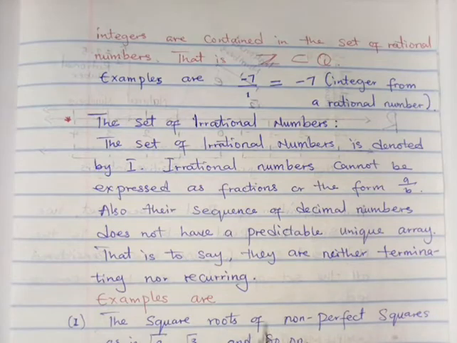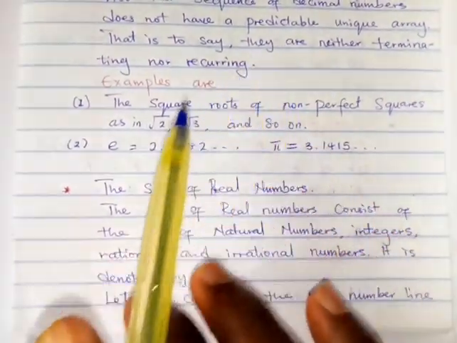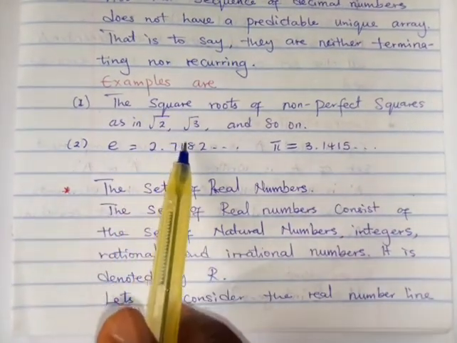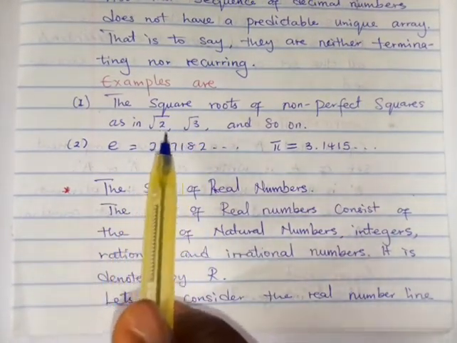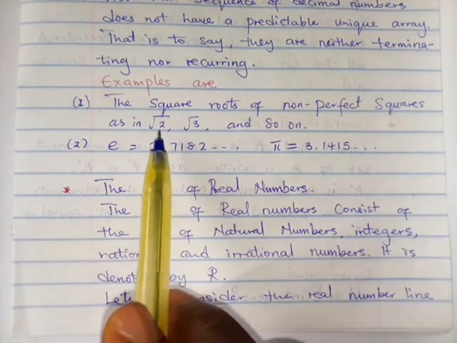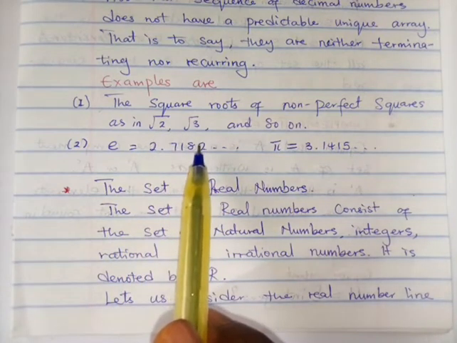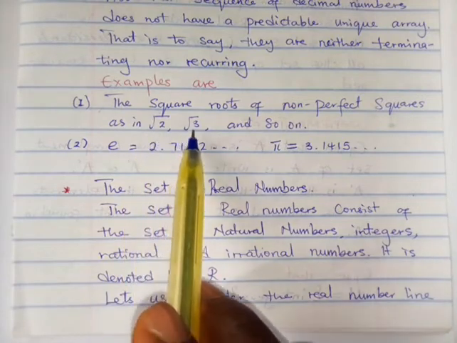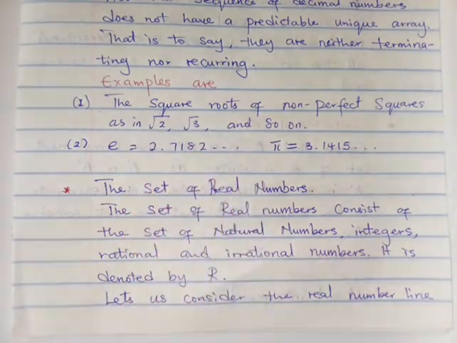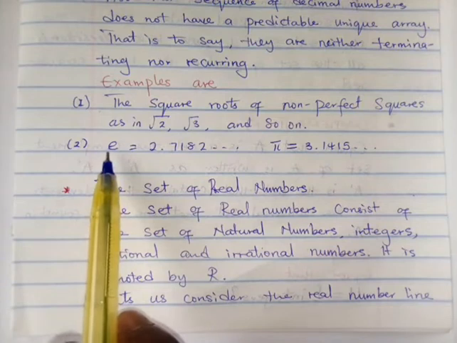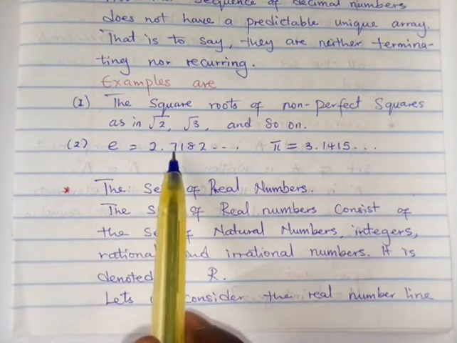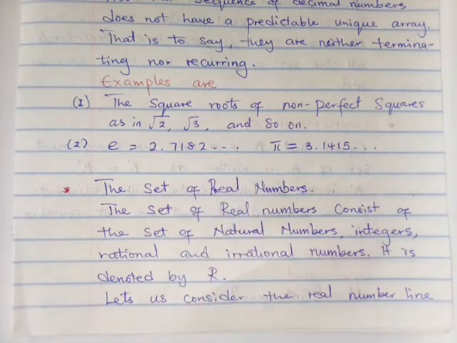Examples are the square roots of non-perfect squares, as in root 2, root 3. If you evaluate this, you will discover that the decimal there does not have a predictable pattern. Also, numbers like the exponential e, we have 2.718, the number is continuous.